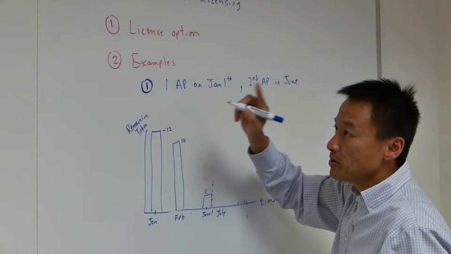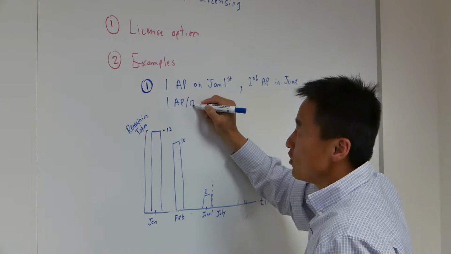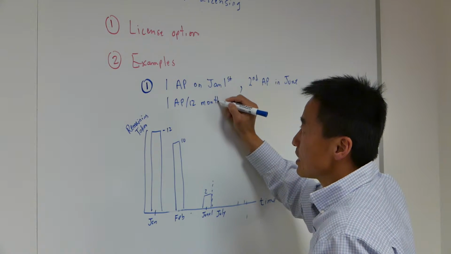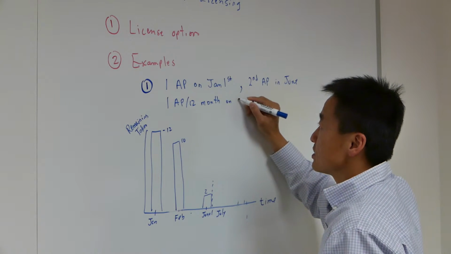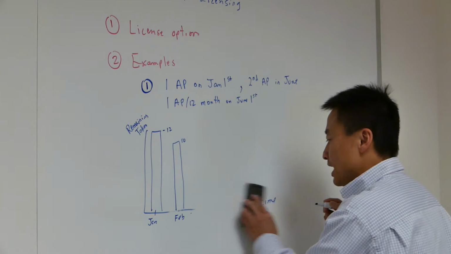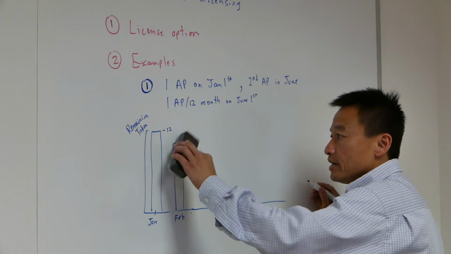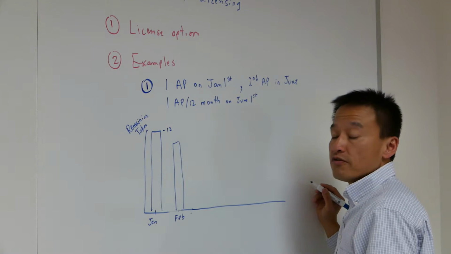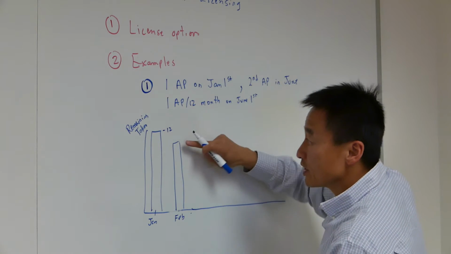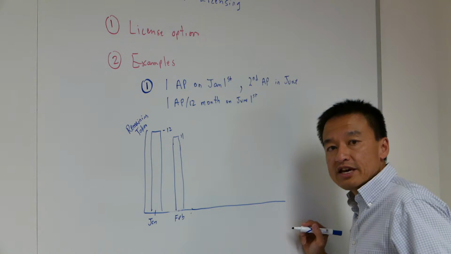But I still only bought that 1 AP license for 12 months, on January 1st. This requires a little bit more math, not difficult math. The idea here is that in January you have 12 tokens, and in February you have 11 because you only have 1 AP at that time.